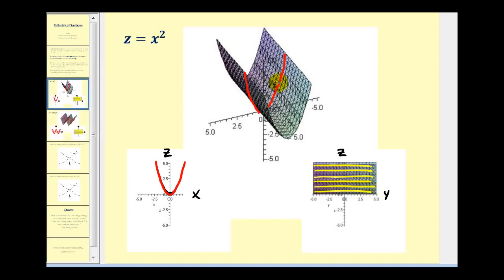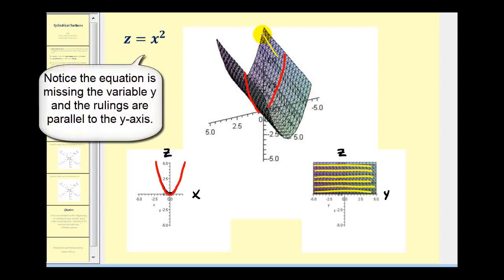And then the surface is generated by the set of parallel lines that intersects this curve. So if we turn this sideways to look at the yz plane, we would have an infinite number of parallel lines here called the rulings. And the rulings on this graph would look something like this.